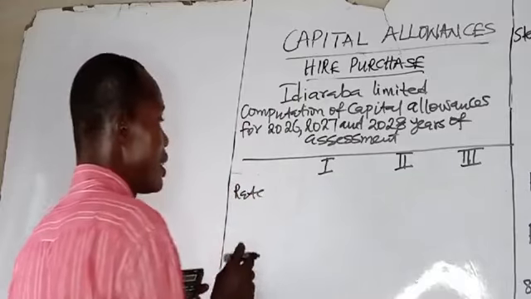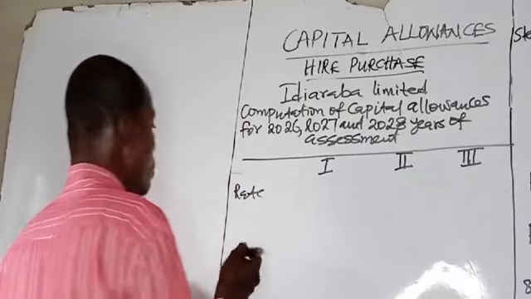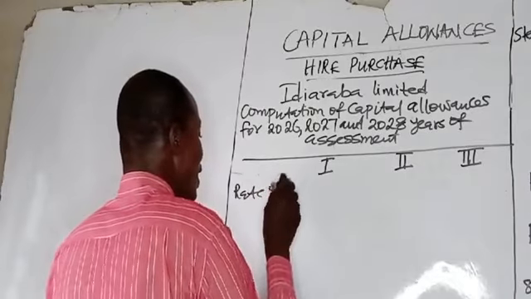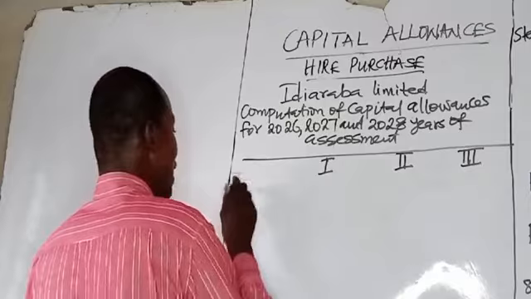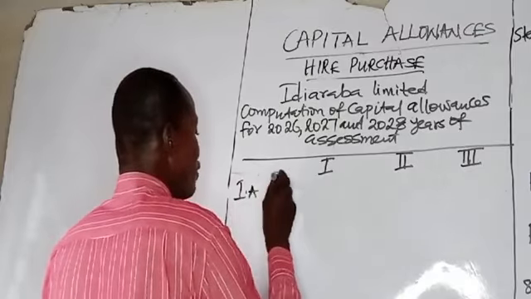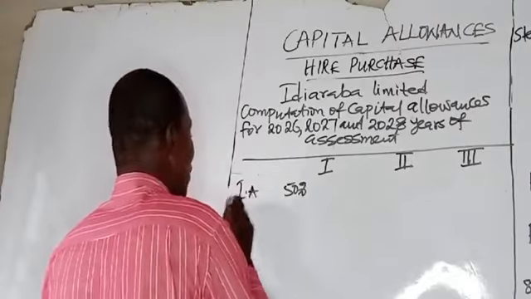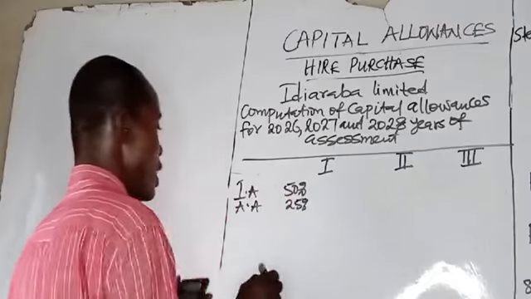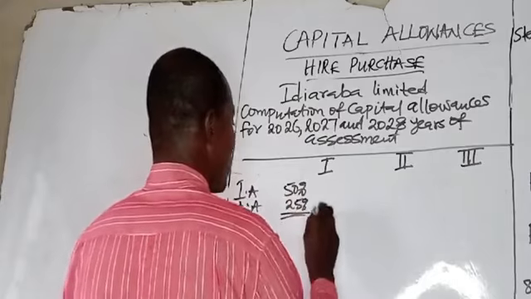Since it is plant, it is generator, which is plant and equipment, you have initial allowance to be 50%. Annual allowance 25%. So these are the rates. So let's put Naira.